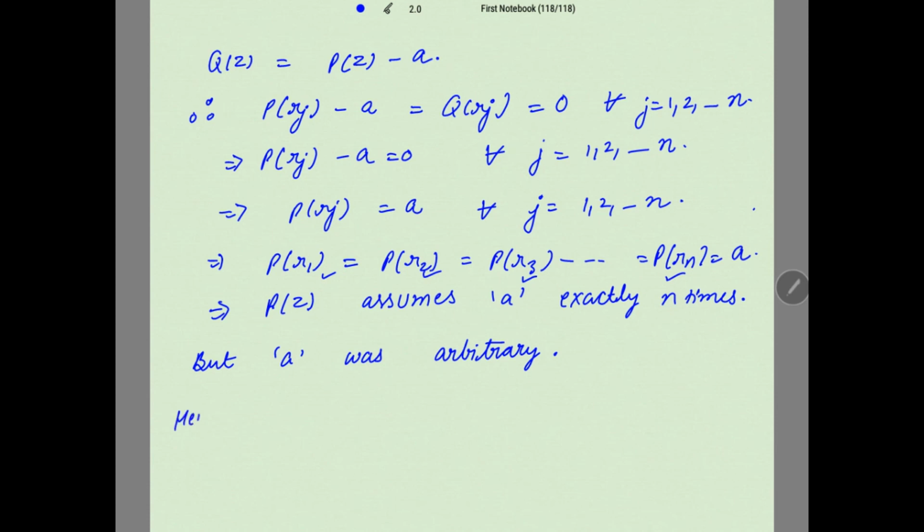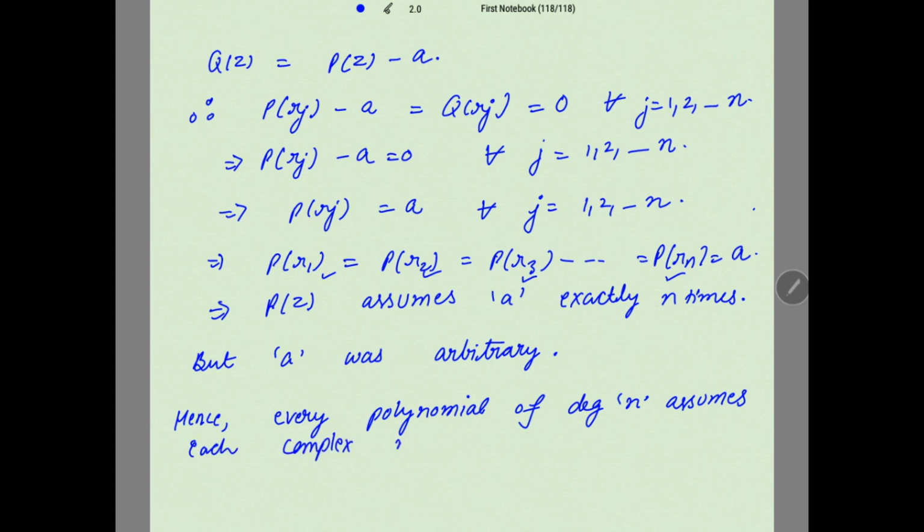So hence every polynomial of degree n assumes each complex number exactly n times, right?